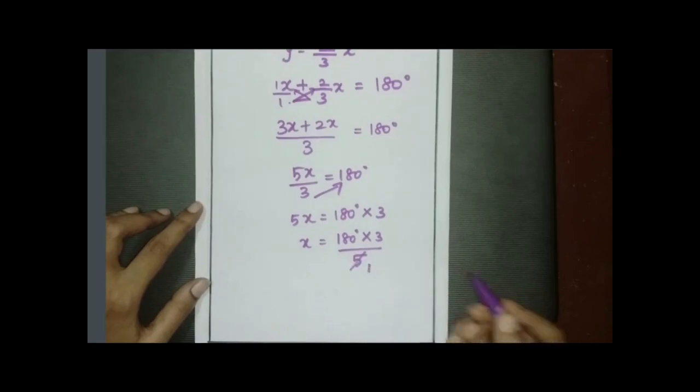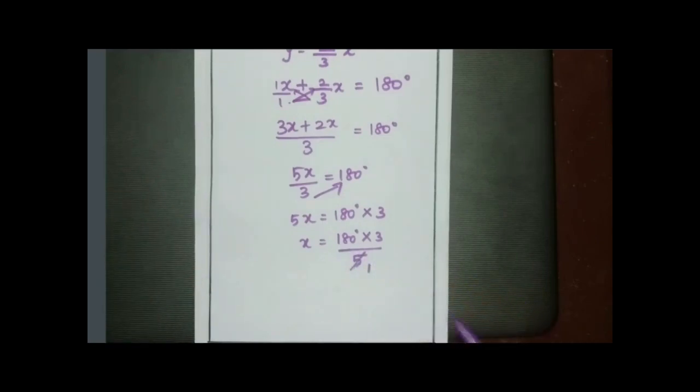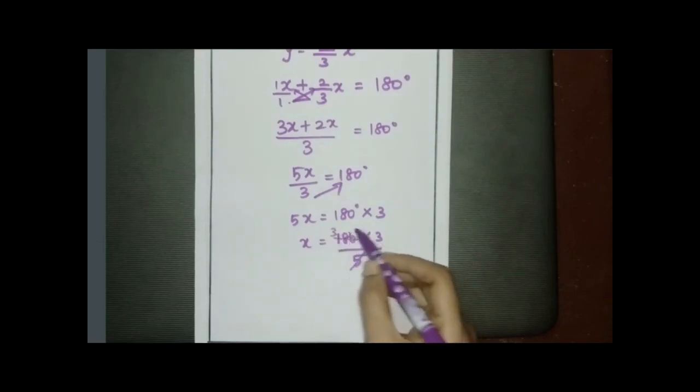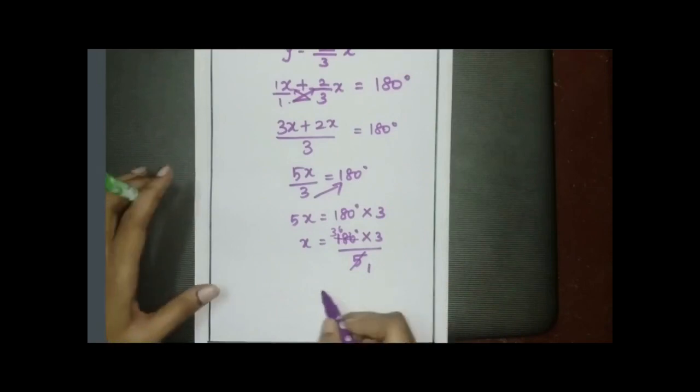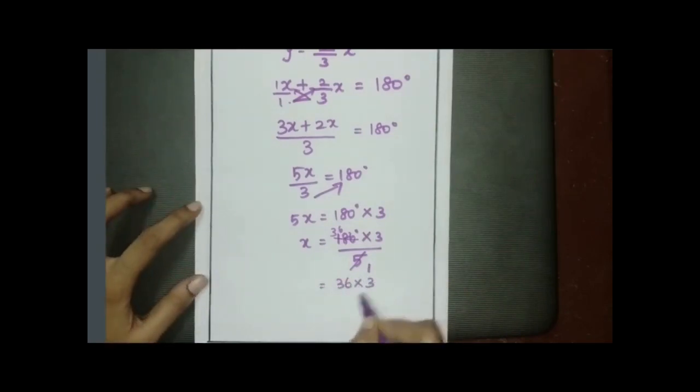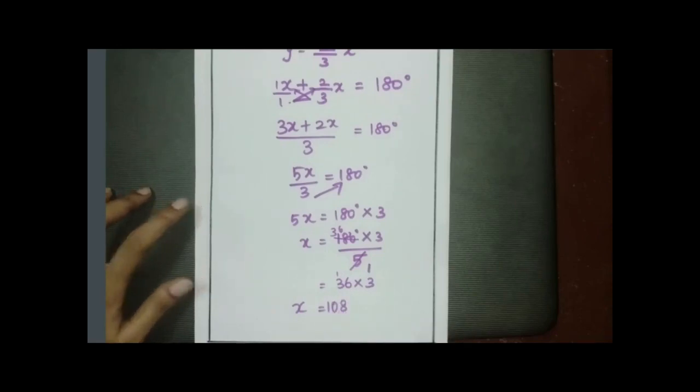So 1 5s are 5, 3 5s are 15, remaining 3, 6 5s are 30. So 36 into 3. What is the answer? 6 3s are 18, remaining 1, 3 3s are 9, 9 plus 1 10. So x is 108 degree.